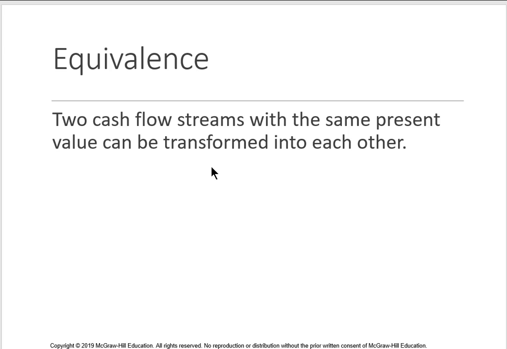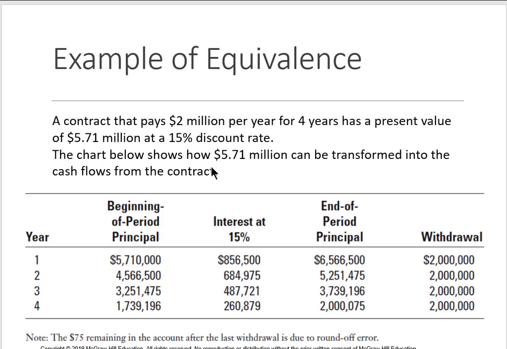Now, how I look at this, I think it's confusing myself. Think about a loan, because that's really the example that they're telling us, right? You have a contract that pays $2 million per year for 4 years, and it has a present value of $5.7 million, discount rate 15%.